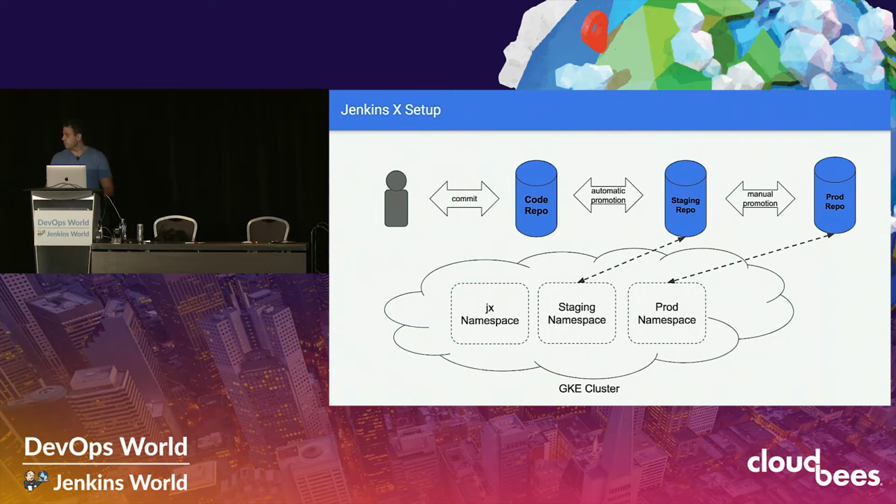I'm not actually brave enough to do a live demo of Jenkins X, so I cheated a little bit and set up my cluster ahead of time. But this is what the repo structure and the cluster setup kind of looks like and how code flows between them. I'll jump out to the Blue Ocean UI in a second. But developers make changes to the code repo, which is basically one microservice. You can also have a few of them in the same repo if you want to. Once that gets merged, it triggers a set of tests that run against a staging environment.